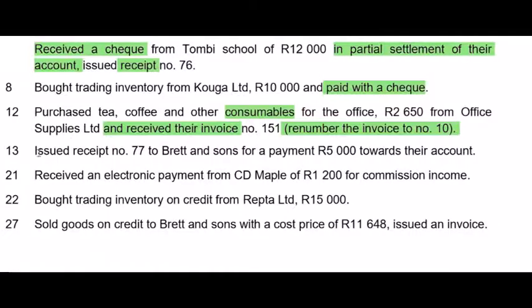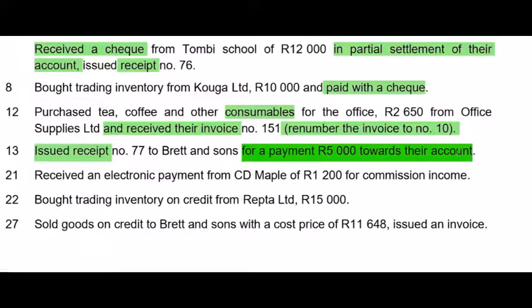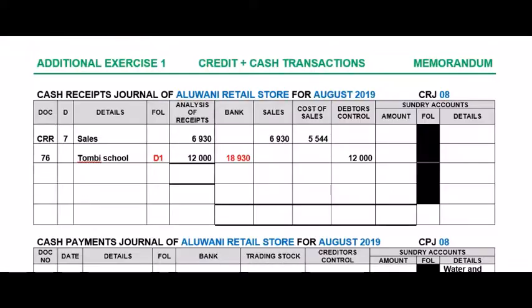The next transaction on the 13th said issued a receipt. Immediately, you need to know it's cash receipts journal because receipts are the source documents for the CRJ. To Brett & Sons for a payment 5,000 Rand towards their account. So once again, a customer is paying towards their account, which means it's a debtor that owed us money.